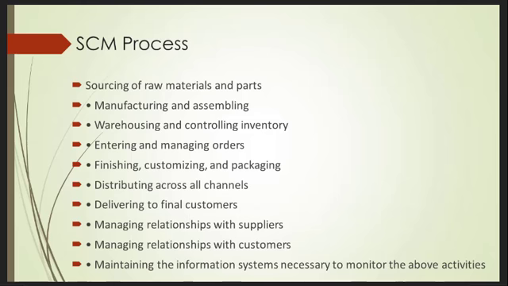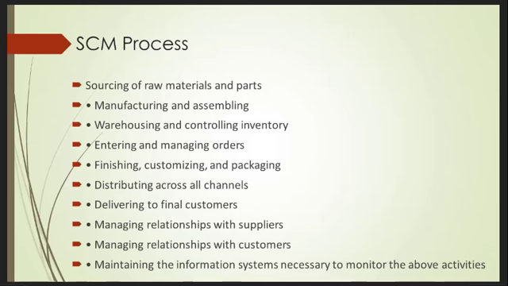SCM takes into consideration activities involved in confirming that products from the raw materials stage are turned into finished products and delivered to customers. These activities include sourcing of raw materials and parts, manufacturing and assembling, warehousing and controlling inventory, entering and managing orders, finishing, customizing and packing, distributing, and other options that you can see on the screen.